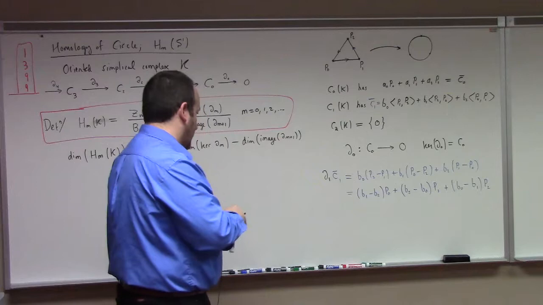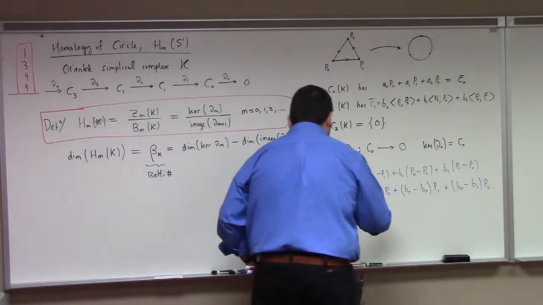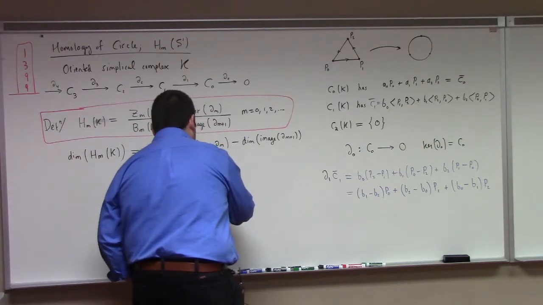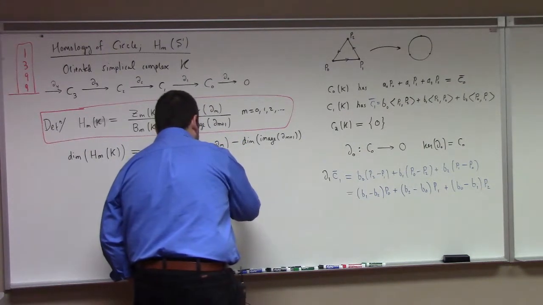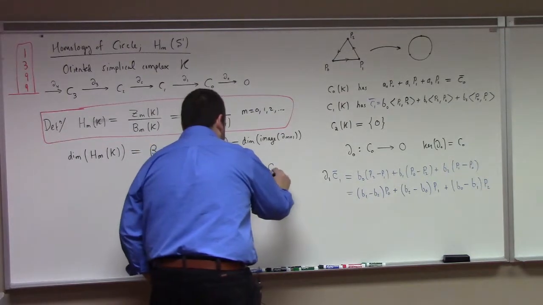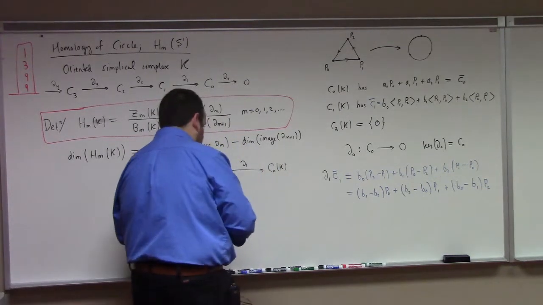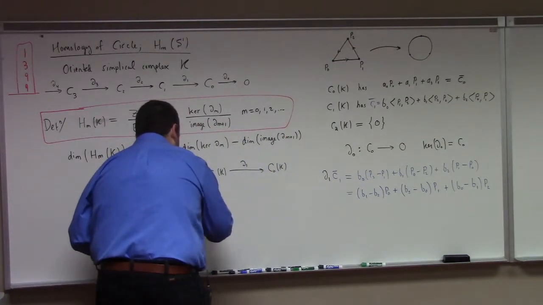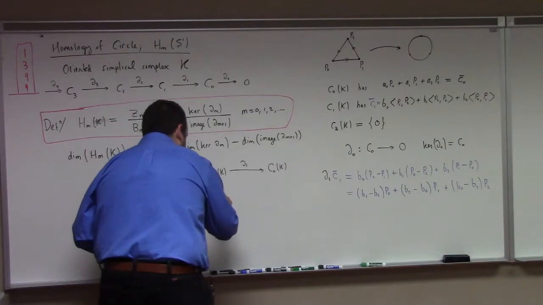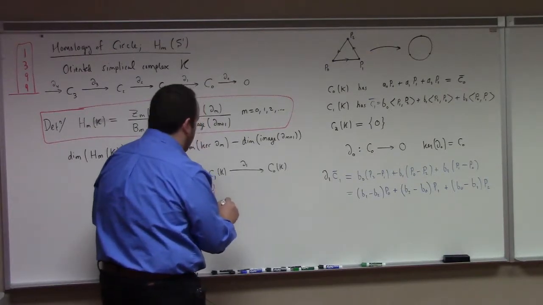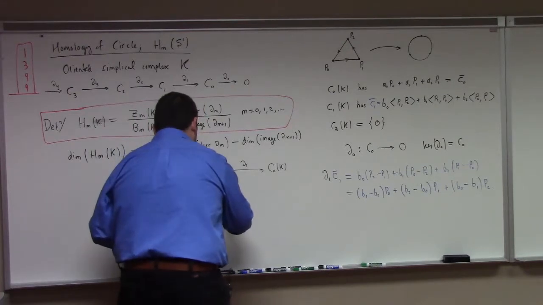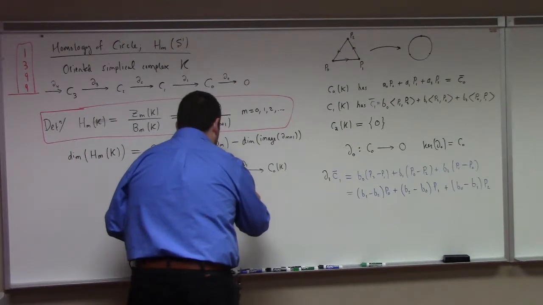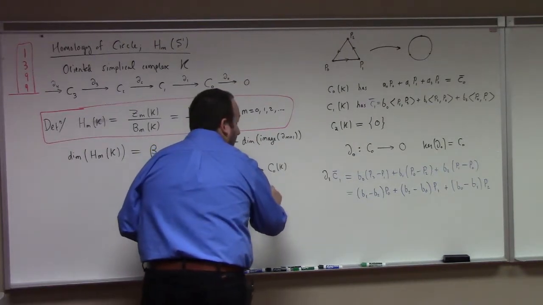Just to recap what's going on: we have C0 and C1. The boundary 1 map takes C1 of K to C0 of K. The basis, which I'll call big B1, is P1P2, P2P0, P0P1.